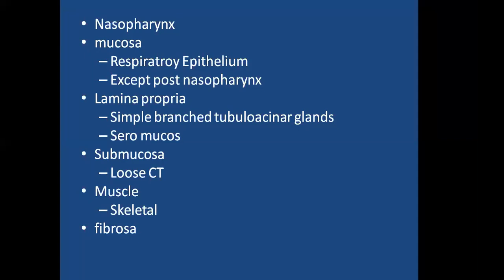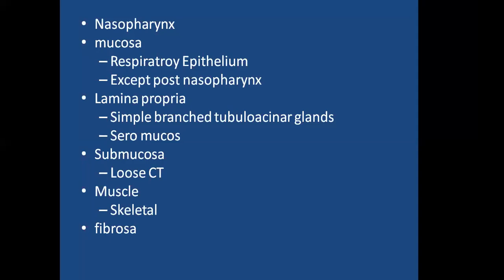The mucosa consists of the respiratory epithelium except over the area of the soft palate, which consists of the stratified squamous epithelium. The lamina propria consists of simple branched tubuloacinar glands, and these glands are seromucous in nature. Now, the lamina propria also consists of lymphocytes, and these lymphocytes can be scattered or they can get aggregated, especially over the posterior superior part, which is called the pharyngeal tonsil.